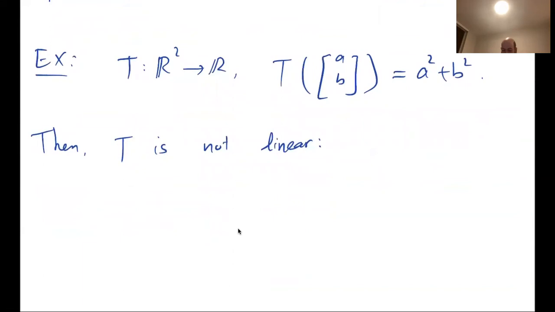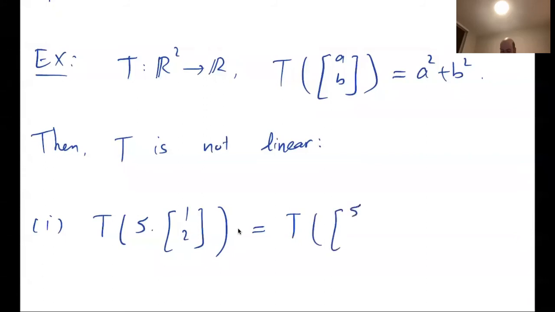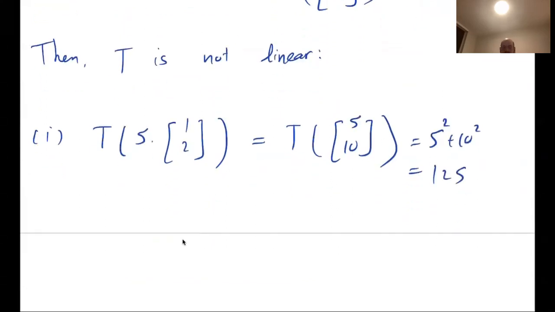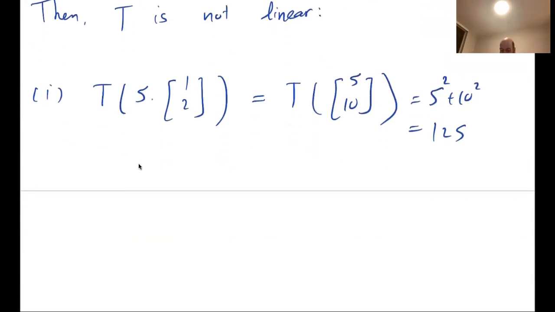So let's first check the first condition. Let's say, for example, T of 5 times (1, 2). This is T of (5, 10). I just chose some random number and random vector here, doesn't matter. So T of 5 times (1, 2) is T of (5, 10), which is 5 squared plus 10 squared, and that's 125. So let's compare this with 5 times T of (1, 2).